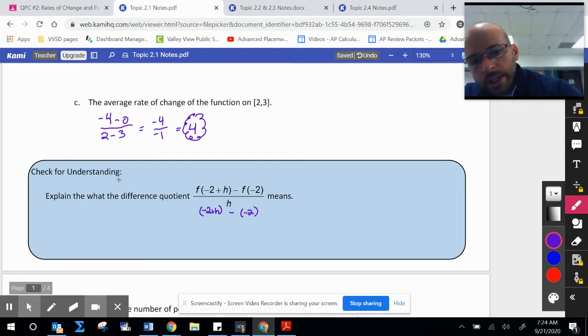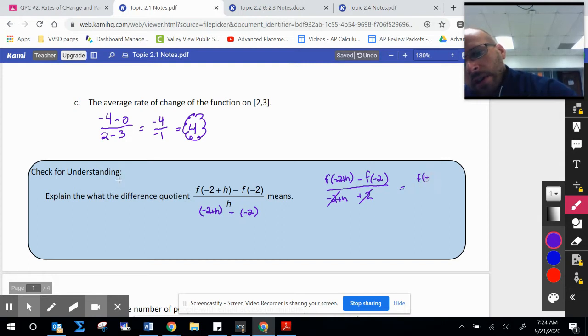So if you reduce this, if I have f of -2 plus h minus f of -2 all over -2 plus h, that would be a +2. The 2's would cancel, and I get f of -2 plus h minus f of -2 all over h.